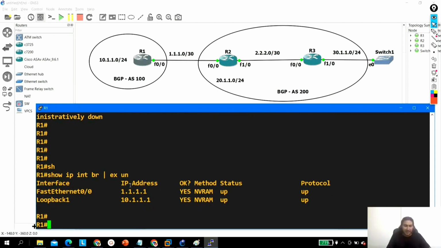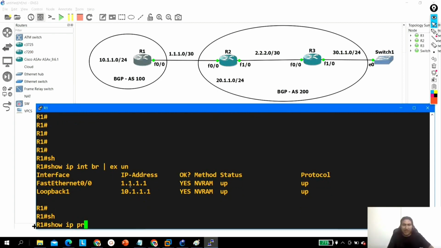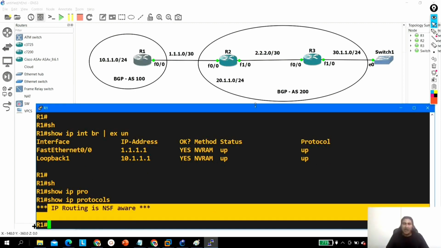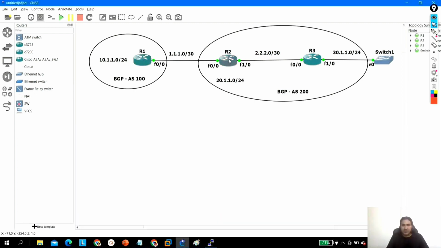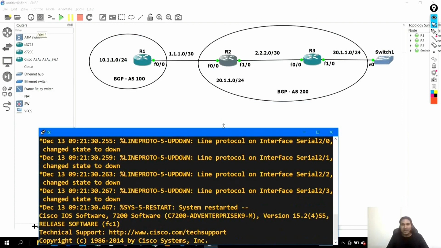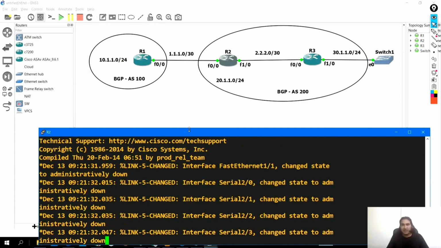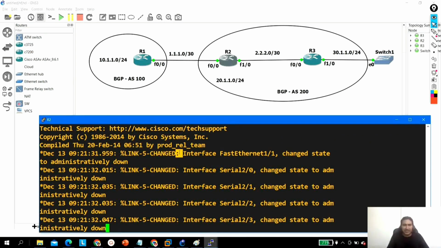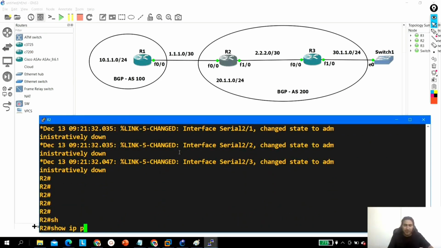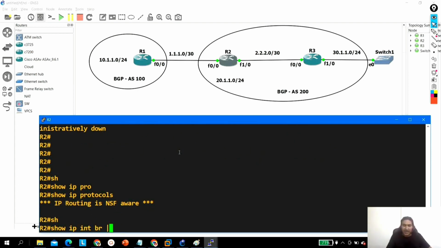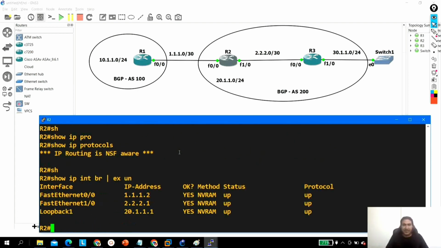Here you can see, under show ip protocols, I am not running any protocol. After that, let me take access of router 2 as well, and here also you can see under show ip protocols that I am not running any protocol, and show ip interface brief | exclude unassigned shows the IP addresses I am running.